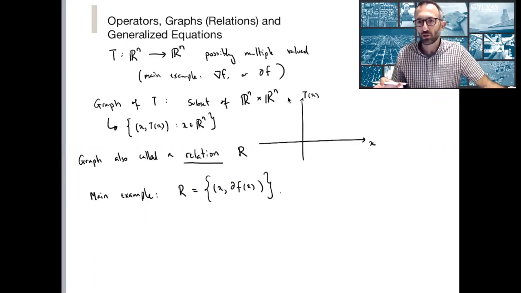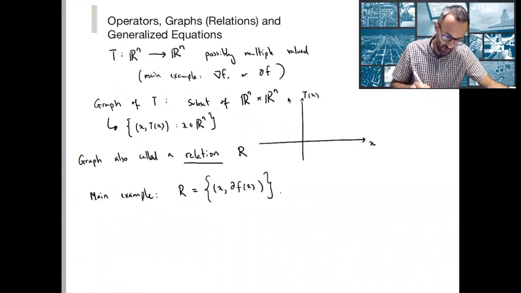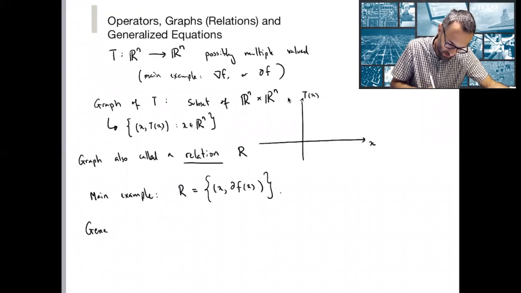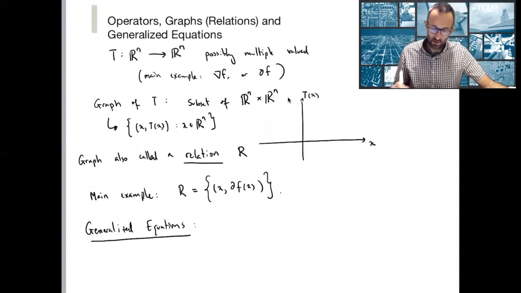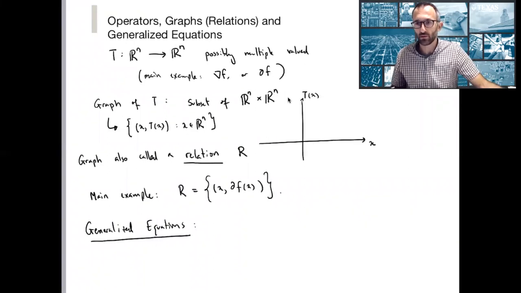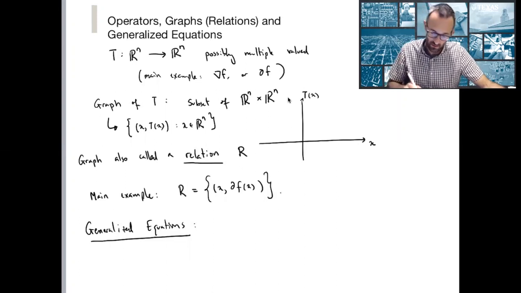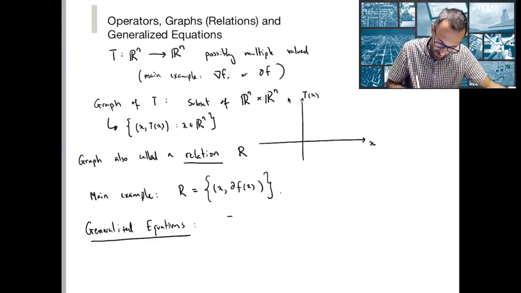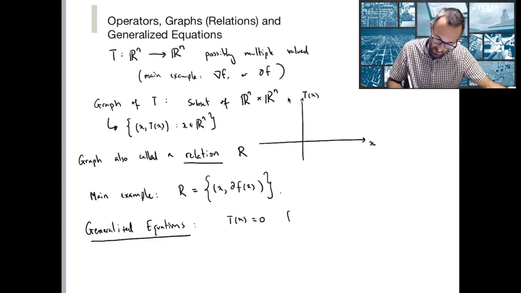Once we've defined a relation, we can also think about generalized equations. So if we have a single valued operator, we can think about solving T of x equals 0 for T single valued.